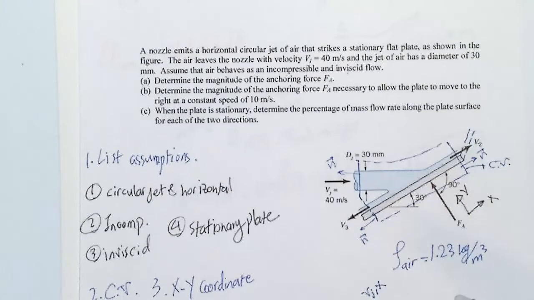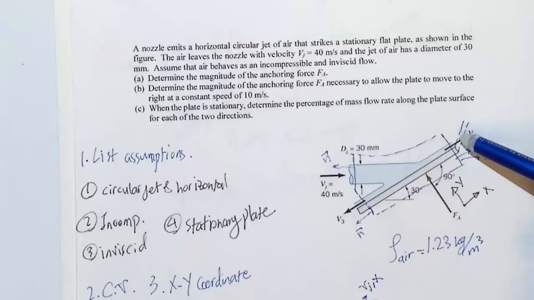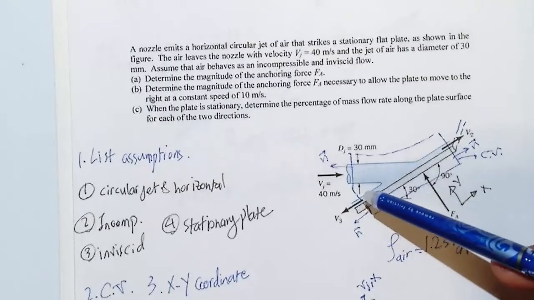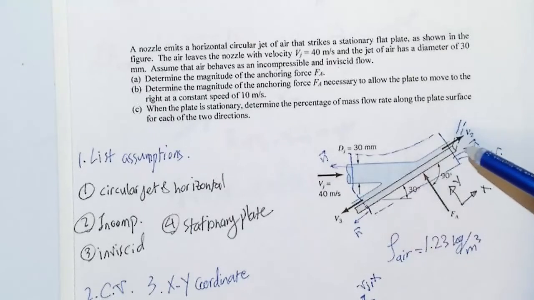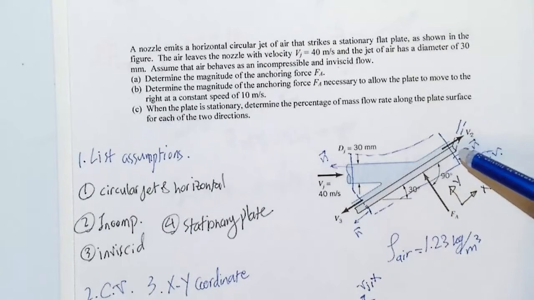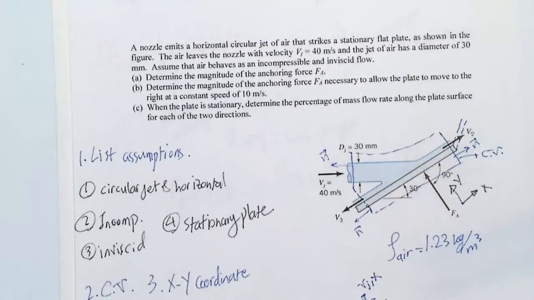You don't know these two, and you also don't know the thickness or the depth, so you don't have any area here and here. Rho is given, but you don't know V2 and V3, so you cannot find m dot here and here and compare them to get the percentage. So conservation of mass alone doesn't work.